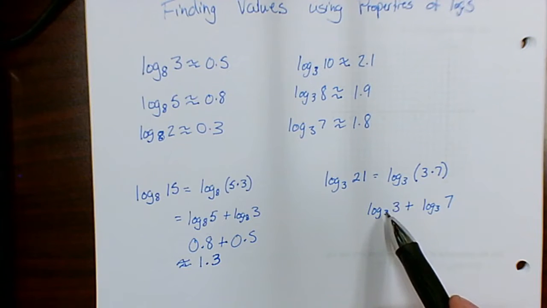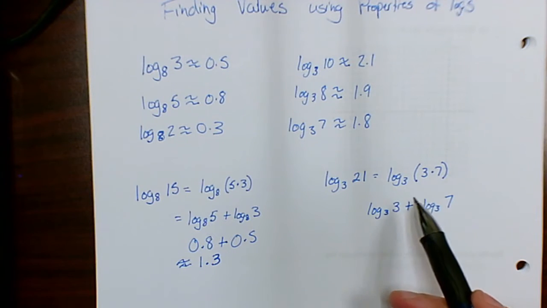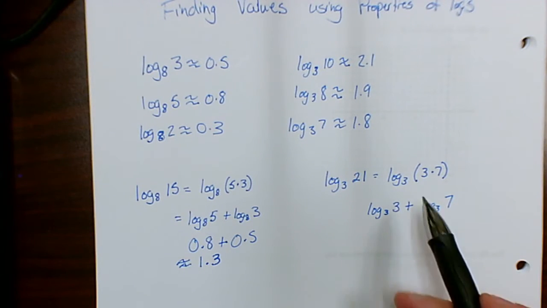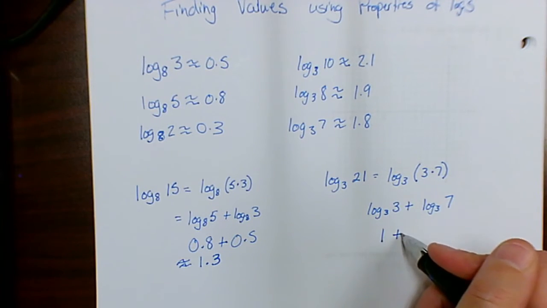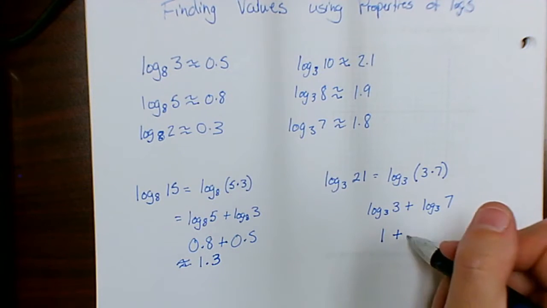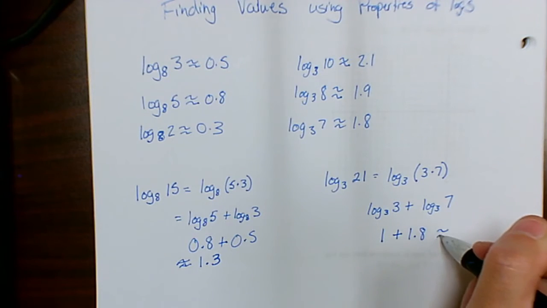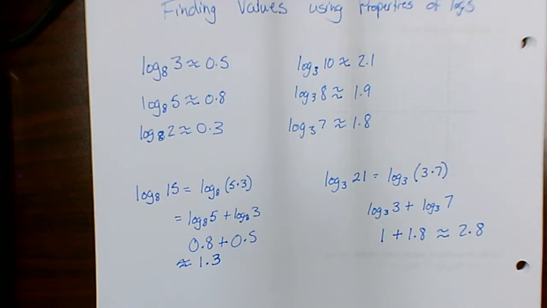So you take your base, cross over, and it should equal this value. So log base 3 of 3, that's 1 plus 1.8. So that is approximately 2.8. And it's still approximate because this value is approximate.